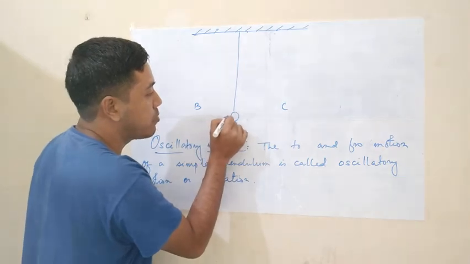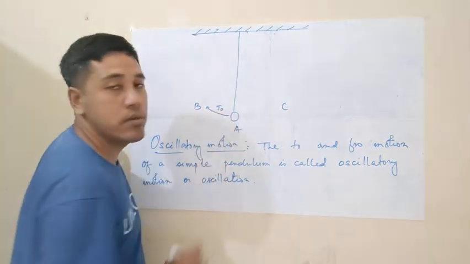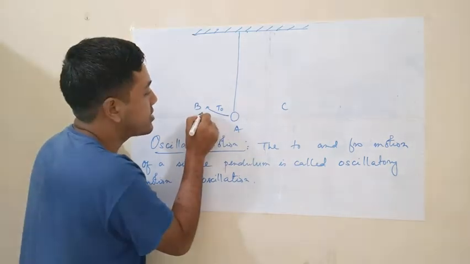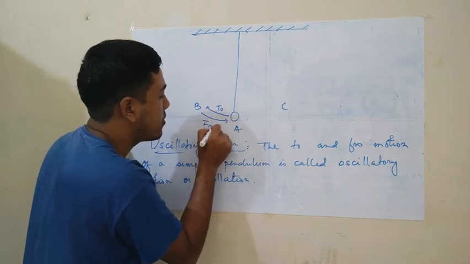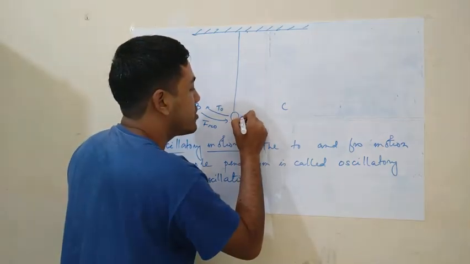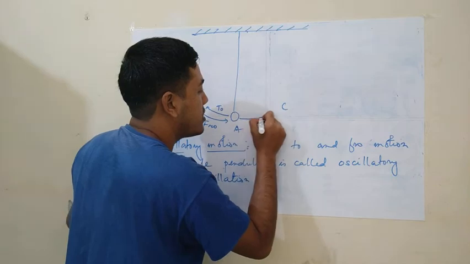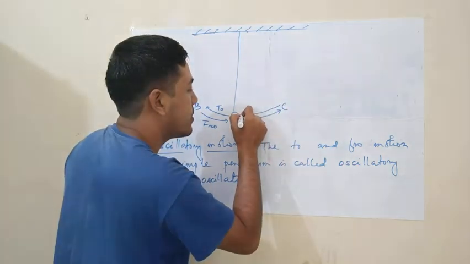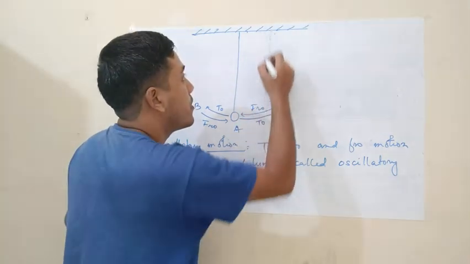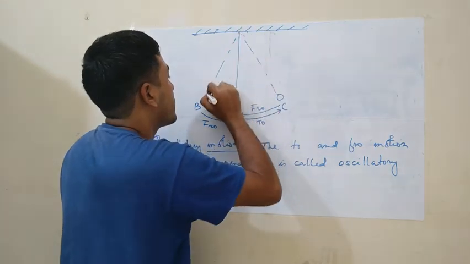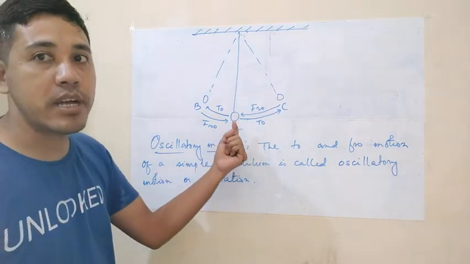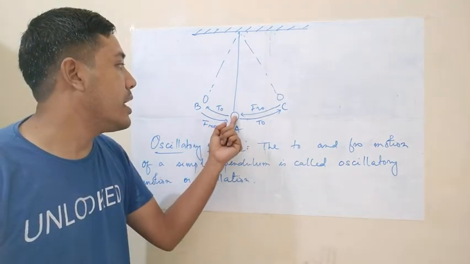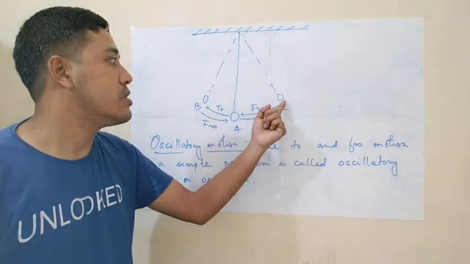The movement of this bob towards the B portion is known as the to. And it coming back from B to A is known as the fro. Same thing from A to C is known as the to, and C to A is known as the fro.